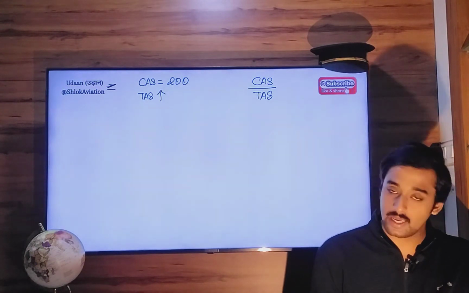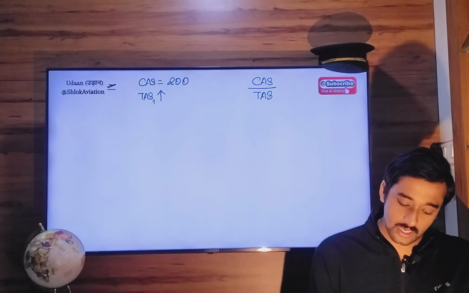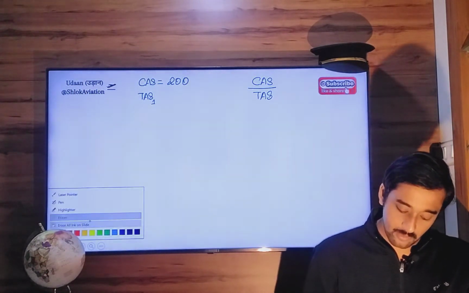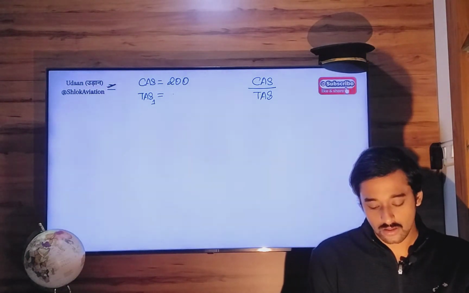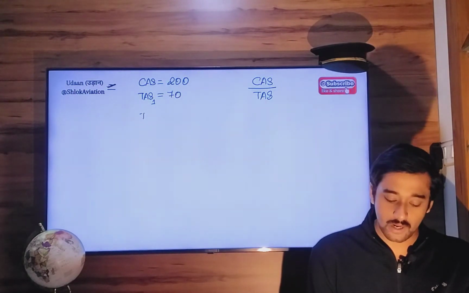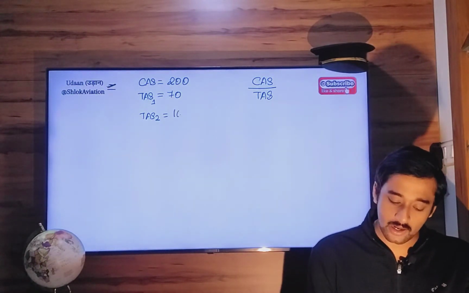So let's say initially, when temperature was cold, TAS is 70 knots, and when temperature becomes warmer, TAS will increase to 100 knots.